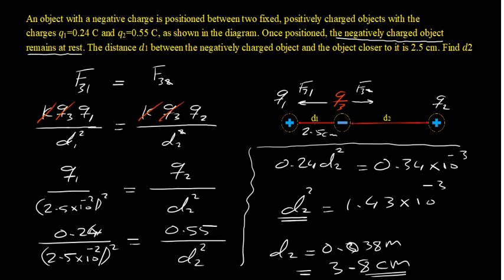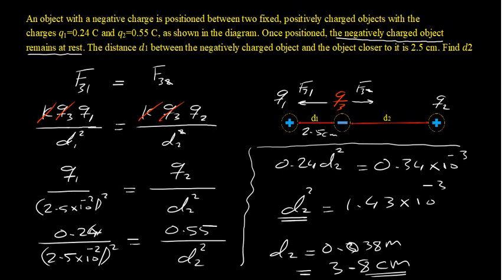That will be the distance of Q2 from Q3 to keep it suspended, or to make sure that the total net force acting on Q3 because of the two charges 1 and 2 will equal 0.